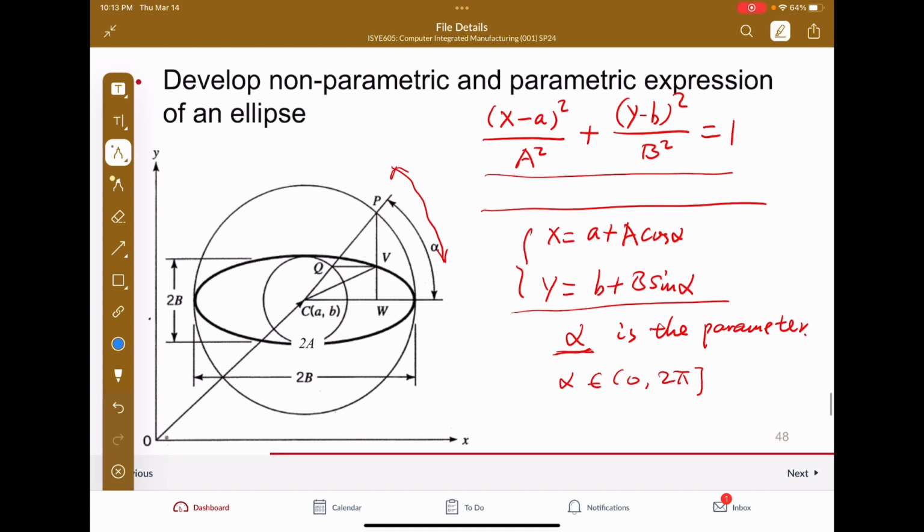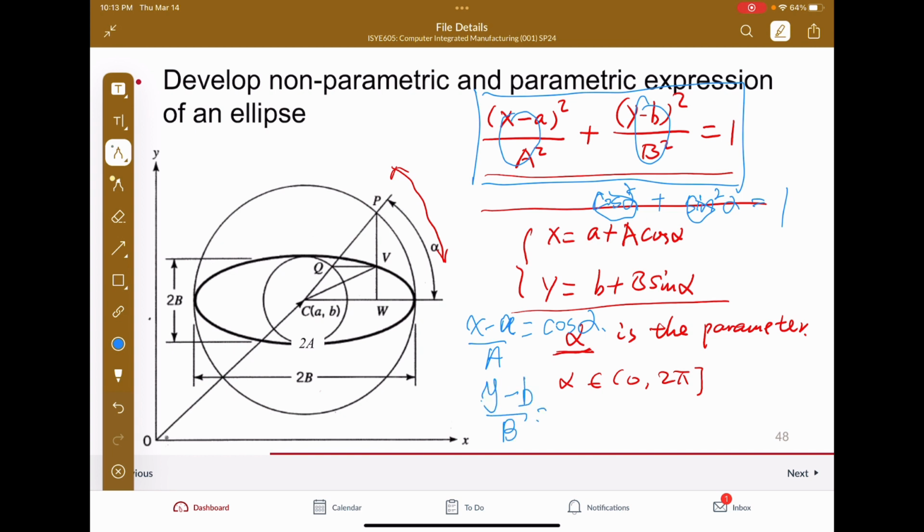And for the ellipse, right? This is the equation for that, and also we know cosine alpha squared plus sine alpha squared equals 1. So we use cosine alpha to replace this, sine alpha to replace this, and then we have x equals cosine alpha, y equals sine alpha.